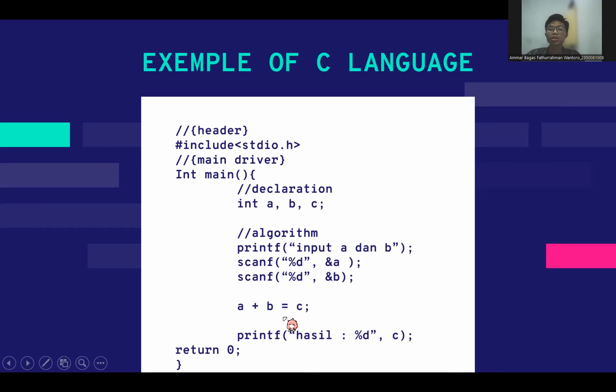A plus B equals C is a mathematic operation, and the C is output in a printf, hasil, with %d to output C, to output the mathematic operation.